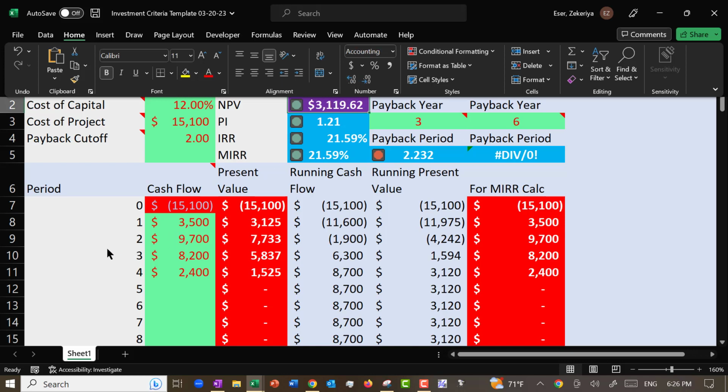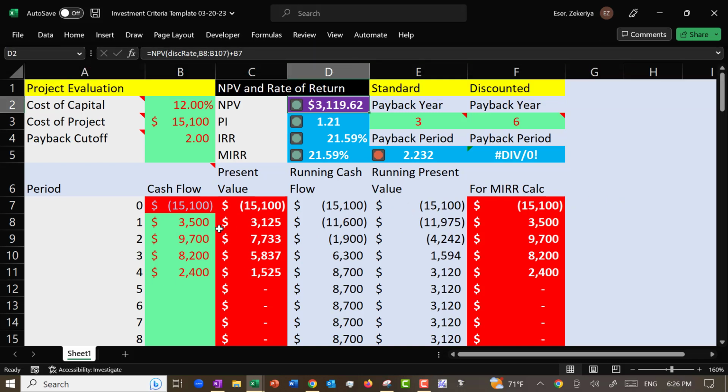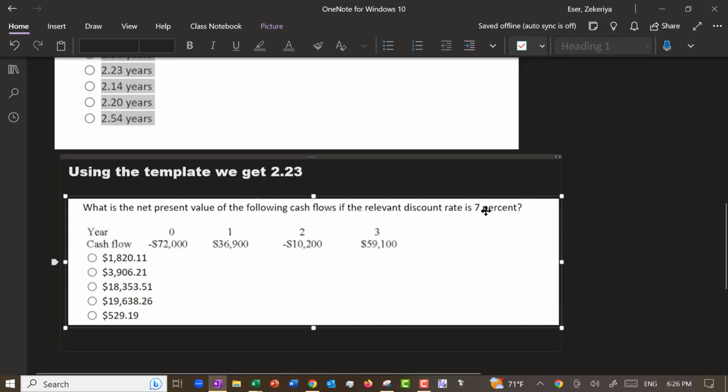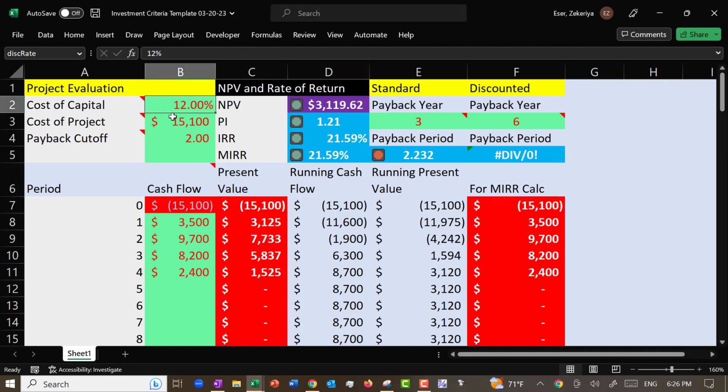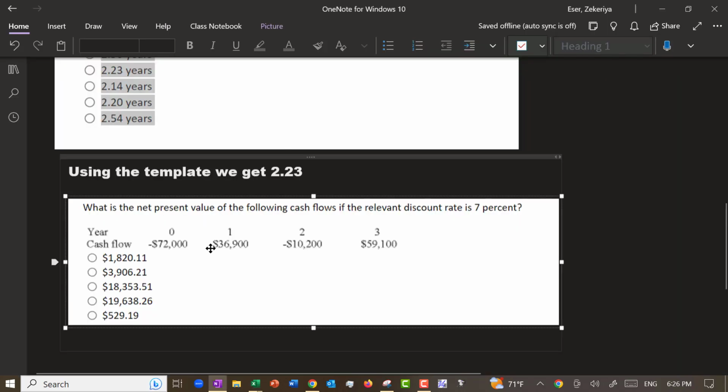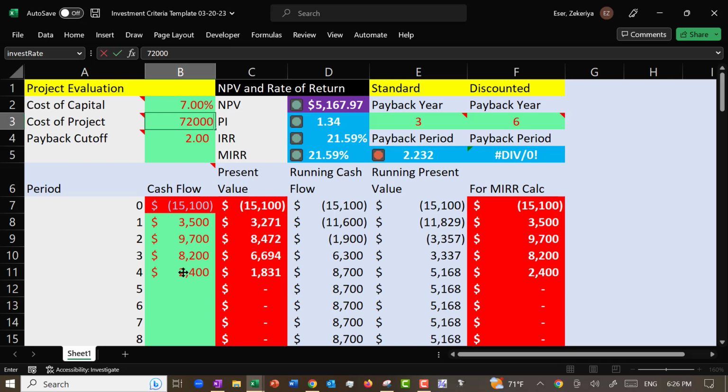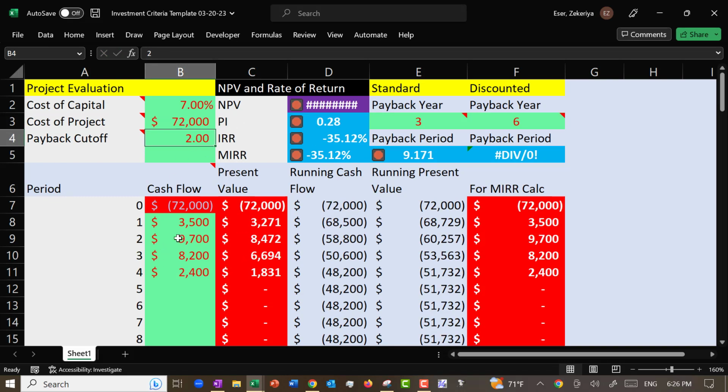Yeah, could be. We'll see. Okay, let's look at the inputs. Discount rate is the cost of capital, so 7%. Cost of project is year zero cash flow, 72,000. That doesn't matter. Let's zero these. It's kind of my habit.